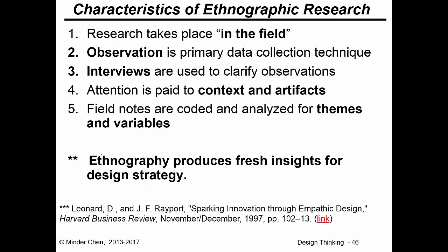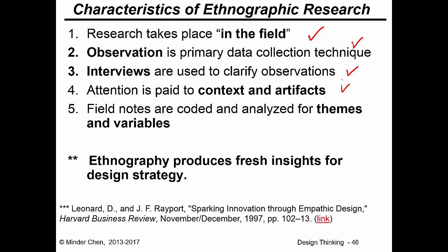Here are some characteristics of ethnographic research. Once again, the research should take place in the field. Observation is the primary data collection technique. We use interviews, follow-up interviews, to clarify our observations, and our attention is paid to the context and the artifacts that we have identified through observations.